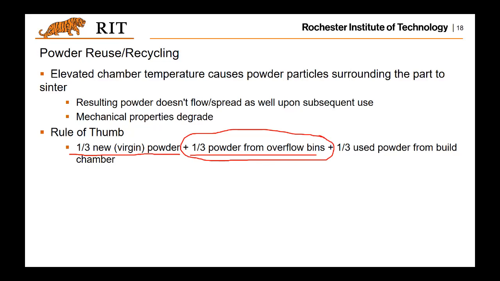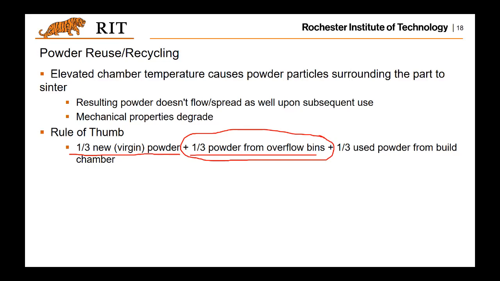If you remember what happens when the part is built, basically you need to dig out the part from the whole box of the powder, and there will be quite a bit of unused powder, because even though it's unused, it is heated up to a temperature. That is because the whole chamber is heated up to a temperature 10 degrees below the melting point.